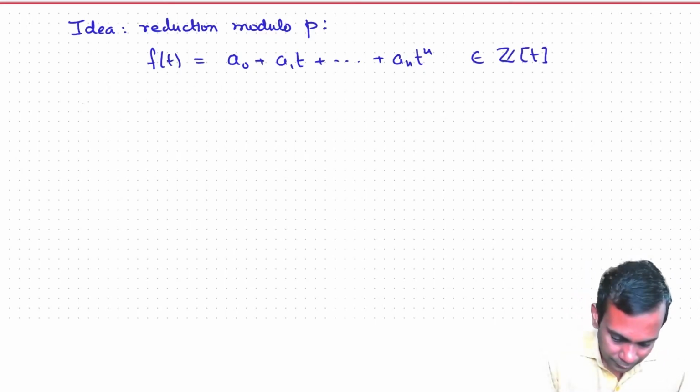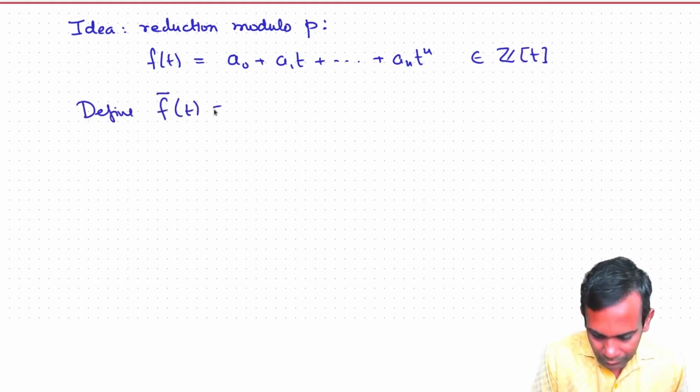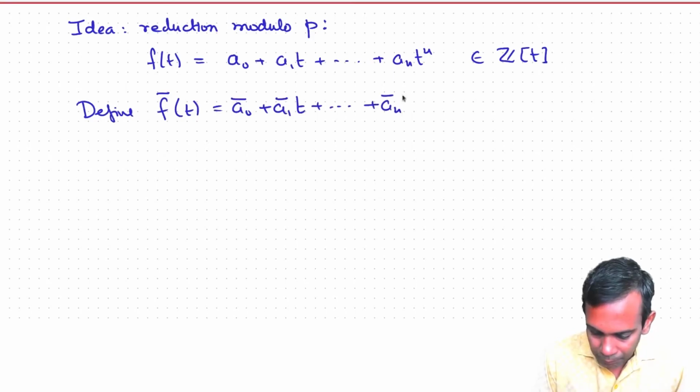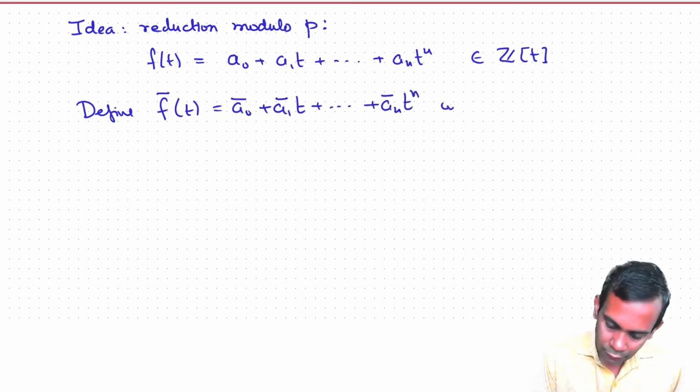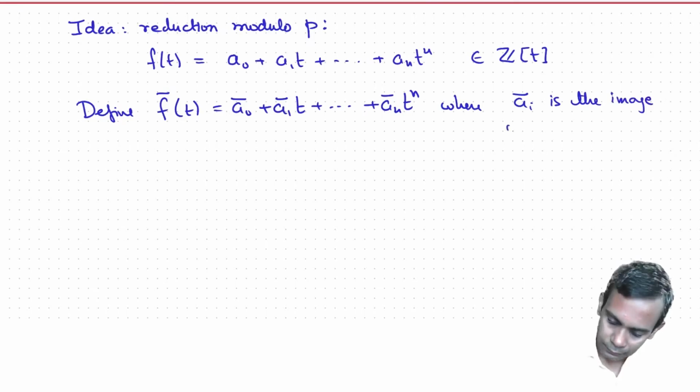So define f bar(t) to be a0 bar plus a1 bar t plus an bar t to the n, where ai bar is the image of ai in Z/pZ.